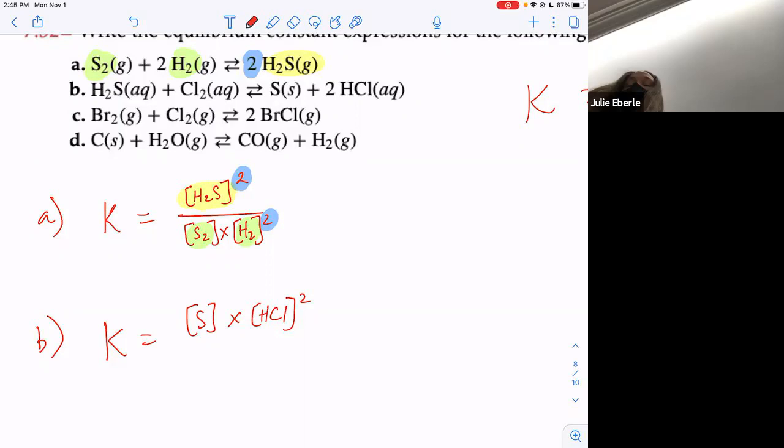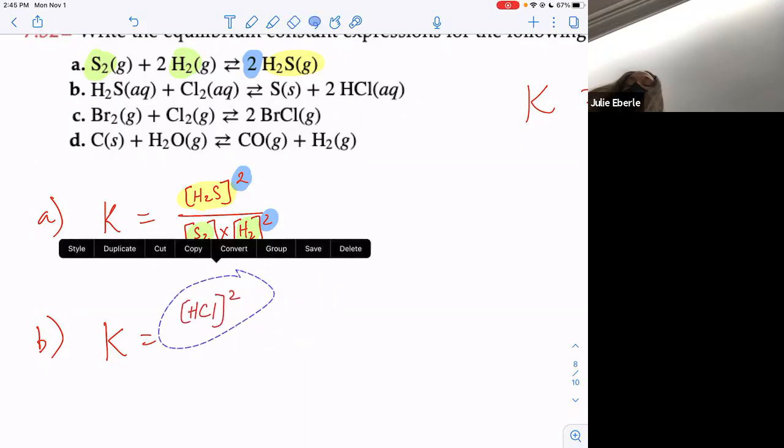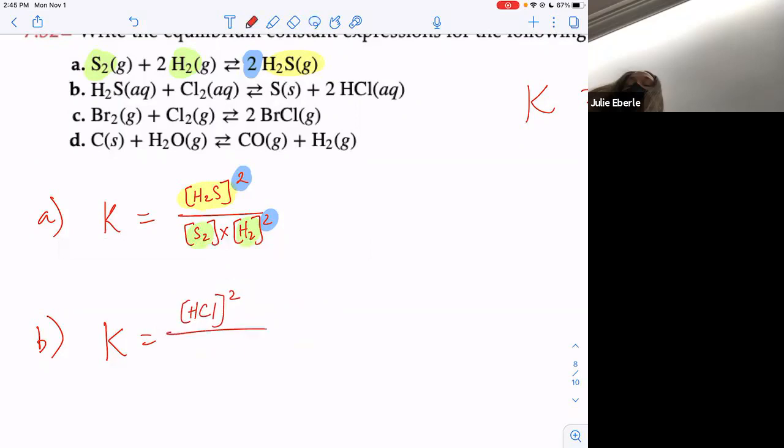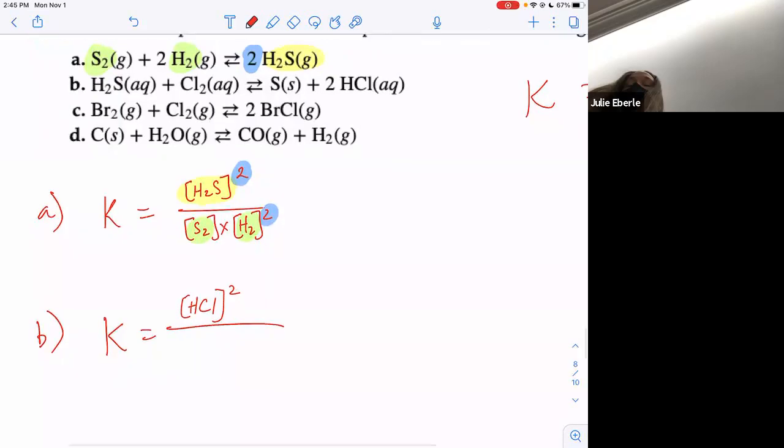We don't include solids. So this is not right. We just got to take this out. Okay, now what? Solid and liquid, right? Don't include solids, don't include liquids, but anything aqueous or gases, you do include.